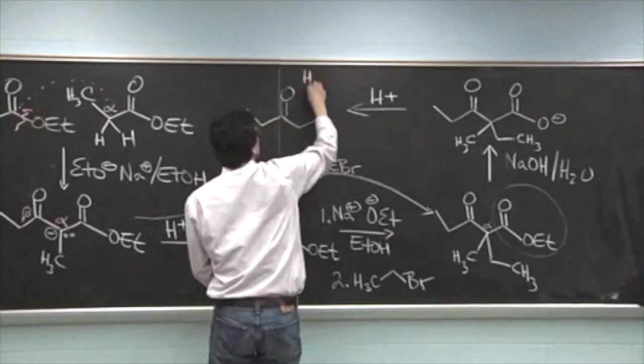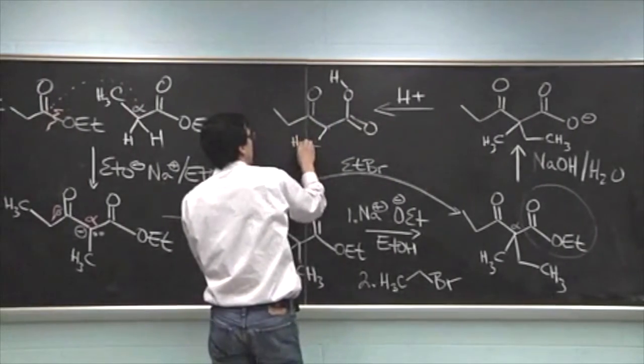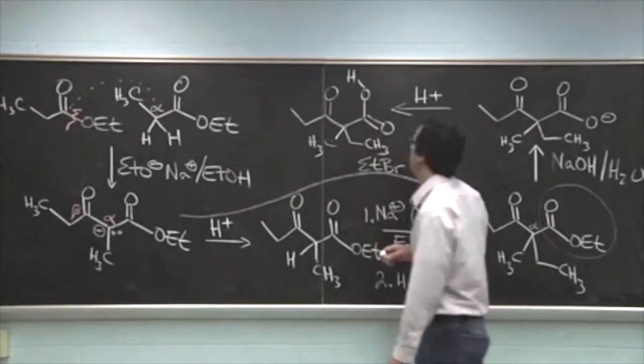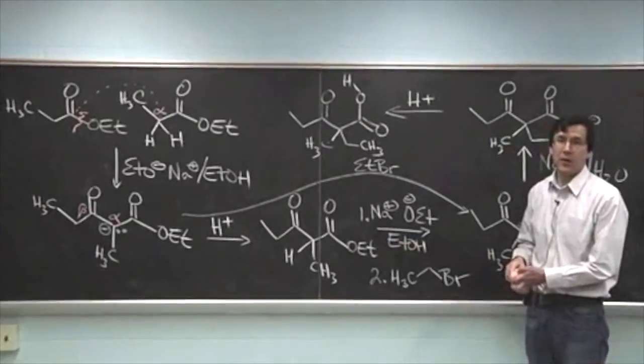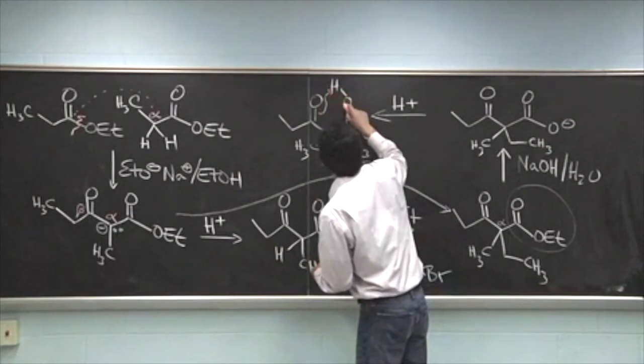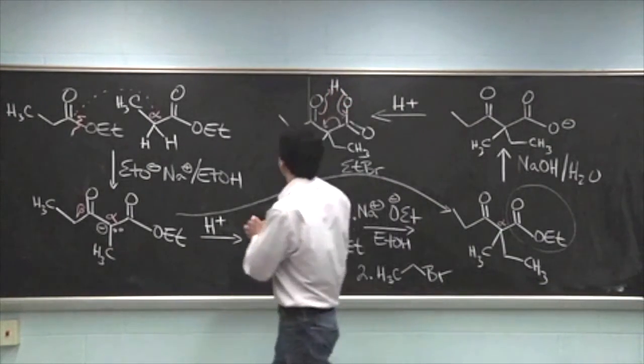I'm going to redraw the carboxylic acid in a slightly different orientation to help me see that this is going to be readily decarboxylated. And then in the final step, I will lose carbon dioxide.